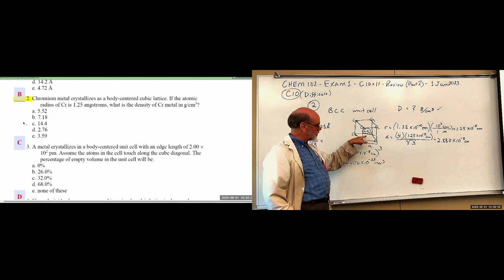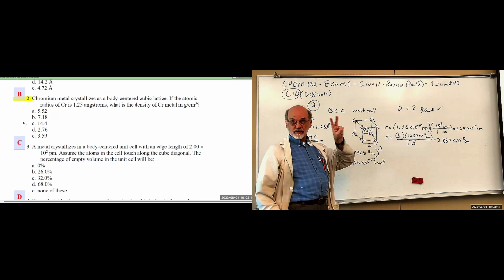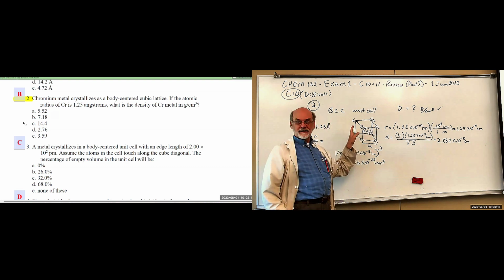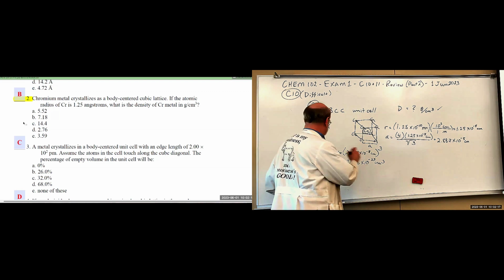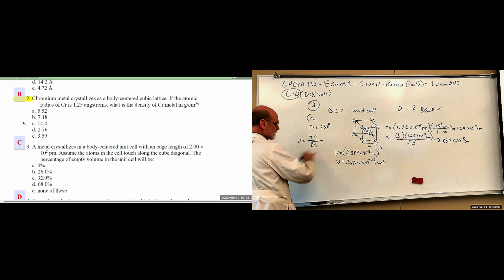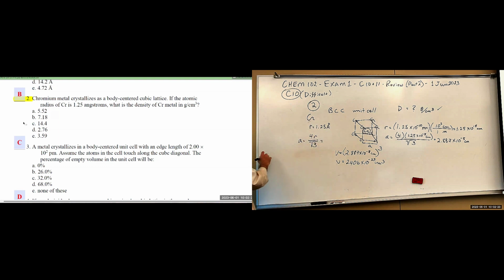For a body-centered cube, we just add a whole one, so that's 2. Face-centered cube would be 4. So we have 2 atoms of chromium. Let's do it over here, so we can continue our calculations. 2 atoms of chromium. We want to find out how many grams that is. What's our relationship? The mass to number of atoms.